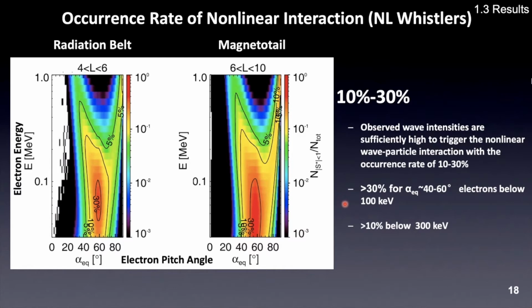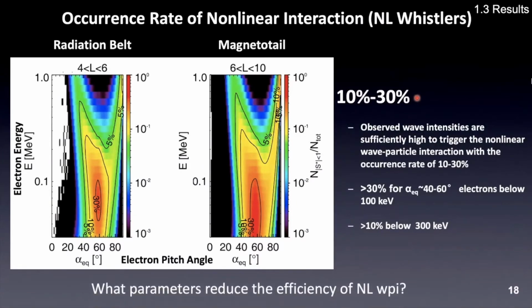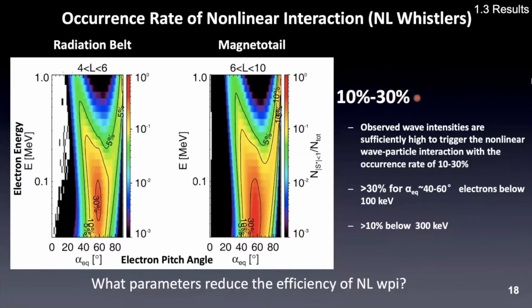It indicates that probably there are other reasons that we cannot see these nonlinear effects directly from the data with a matching occurrence rate of 10 to 30%. So a natural question is: what are the parameters that reduce the efficiency of these nonlinear wave interactions that we should have seen in the particle data as well?